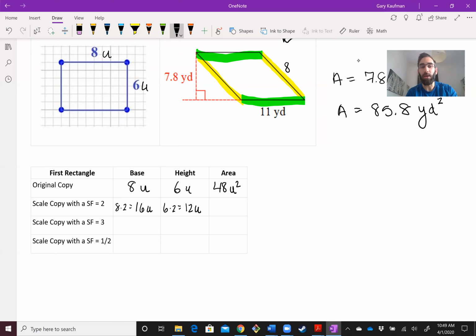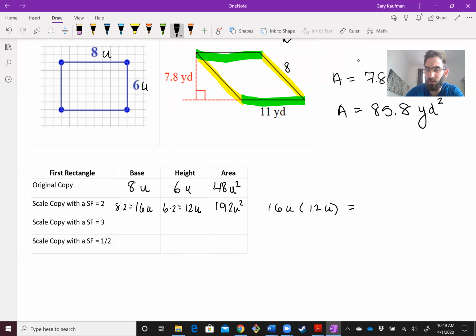And now I'm going to find my area, which is 16 units multiplied by 12 units. And when I do that, I get that the area is 192 units squared.